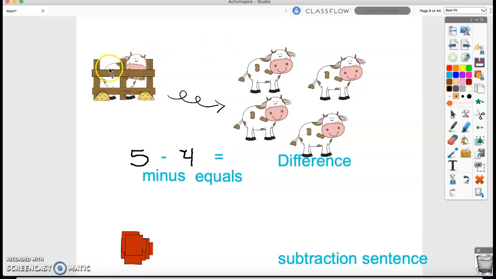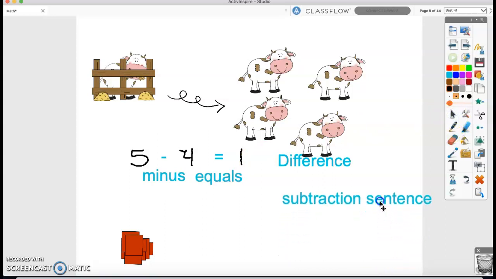So I can look at my picture and I can see that there is still one cow in the fence. When I write that, that is my subtraction sentence. But I'm going to model that for you now.